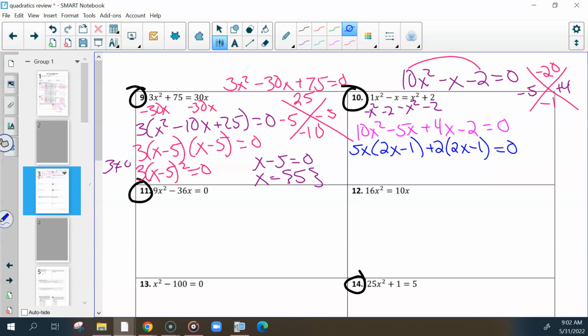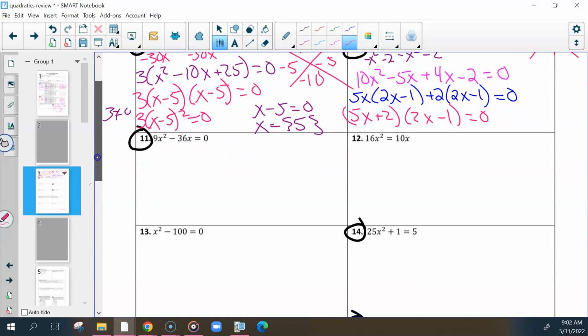And then you would rewrite as your factors, 5x plus 2 and 2x minus 1. Set both factors equal to 0 and solve. These ones you would need to actually solve because you're going to get fractions. Leave them as fractions.